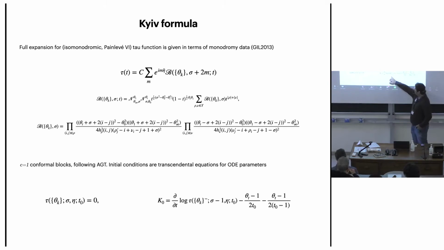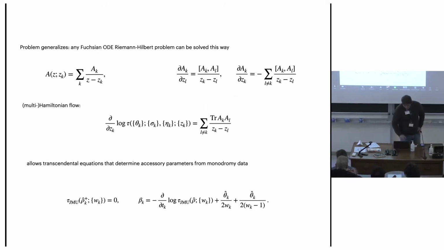And the log derivative of the tau function gives this accessory parameter k. There's some extra stuff here, but this is basically trivial. And from the machine point of view, this is it. You basically implement that in the computer, and you crank up your lever, and you find monodromy parameters using these two functions. It's just that, of course, things are not so trivial.